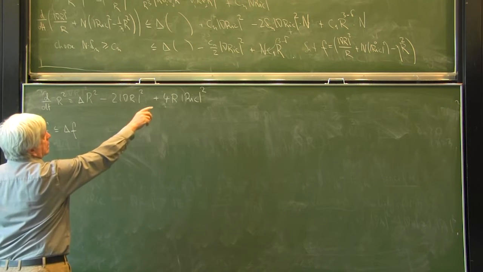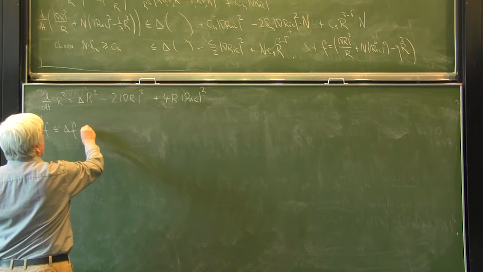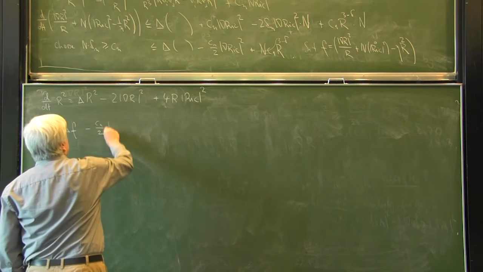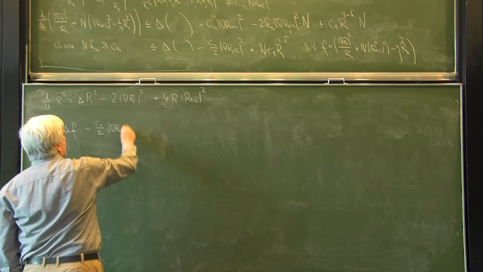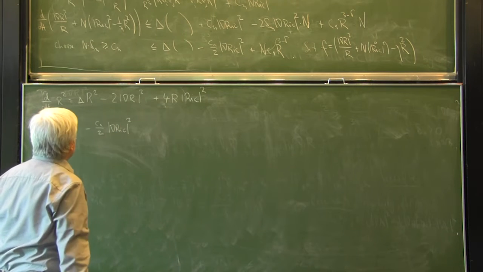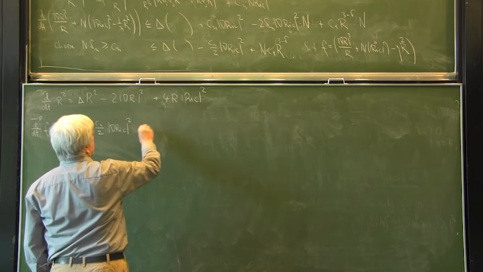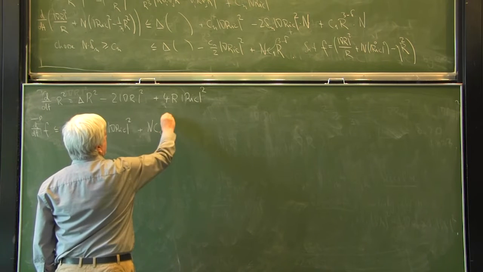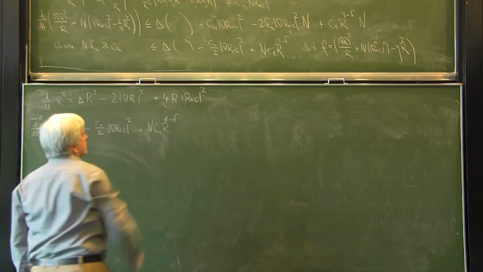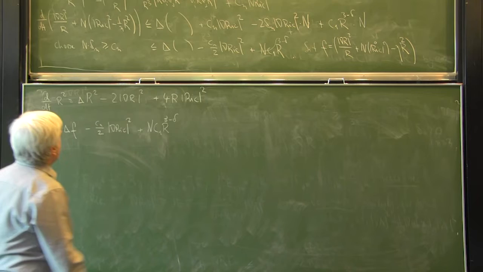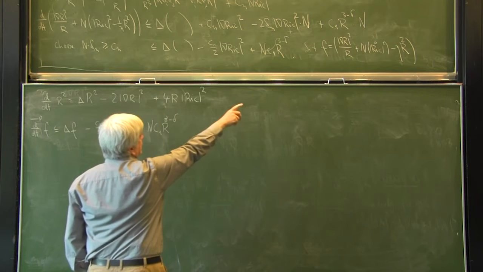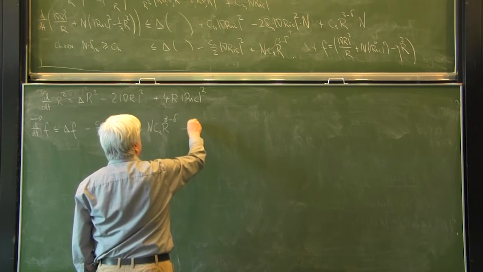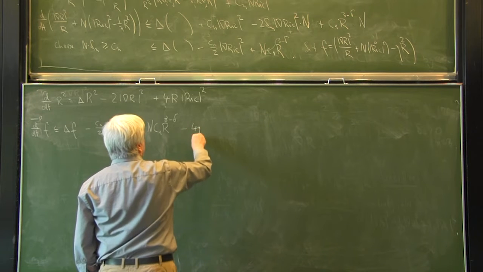And minus Cn over 2 times gradient Ricci squared plus n C1 times r to the 3 minus delta. And then from here, from the eta times r squared, I get a minus 4 times eta.